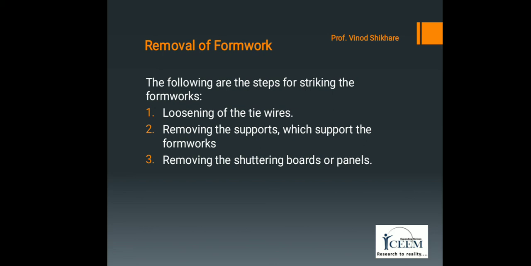For beam soffits, it is 7 days. Bottom of slabs up to span of 4.5 meter, the period of stripping of formwork is 7 days, and for span of 4.6 meter and above, bottom of beams up to span of 6 meter, bottom of arch ribs up to a span of 6 meter, the period is 14 days.